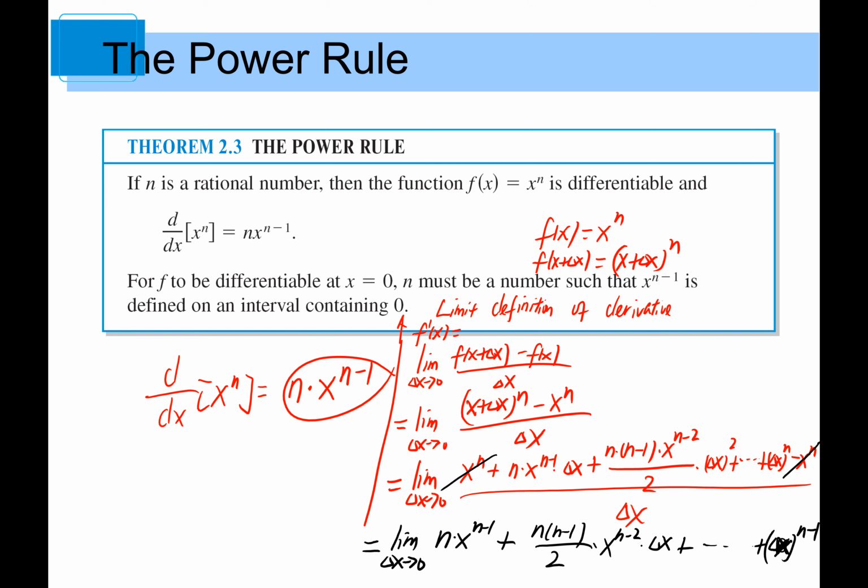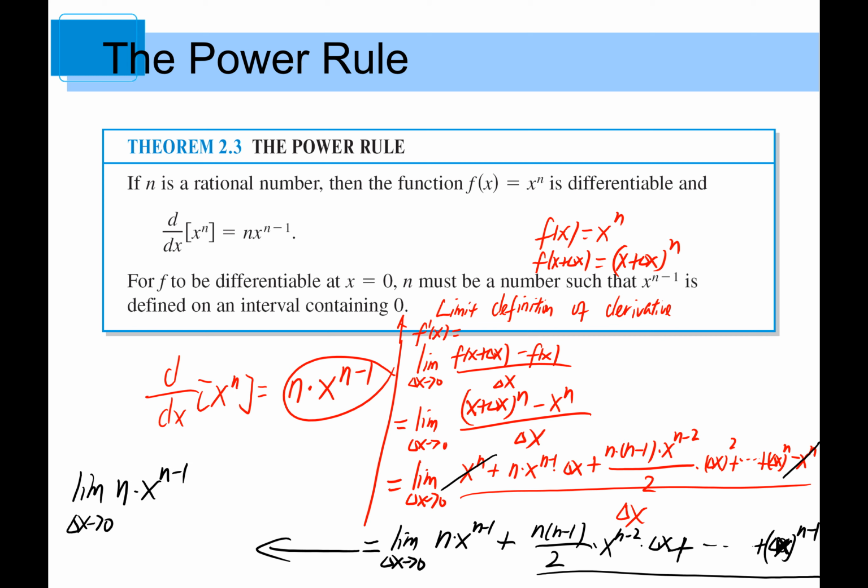As you can see, starting from the second term, every one of these will contain a delta x. When we plug in delta x equals 0, a direct substitution, the result we end up with is the limit as delta x approaches 0 of n times x to the n minus 1.